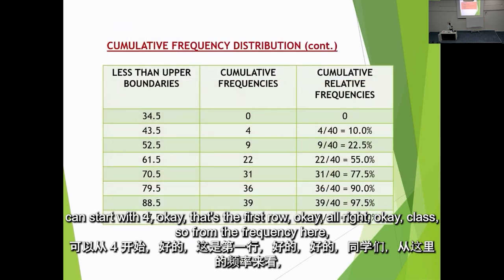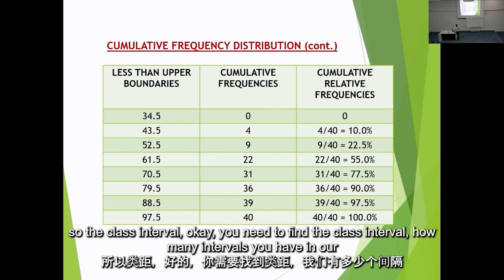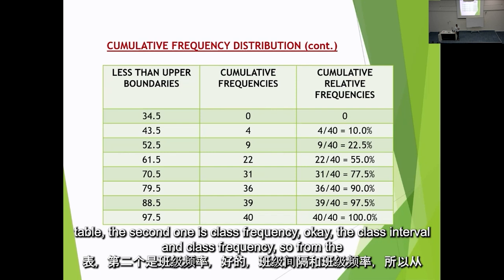From the frequency distribution table, first you need to know the class interval, how many intervals we should have in our table. The second one is the class frequency.